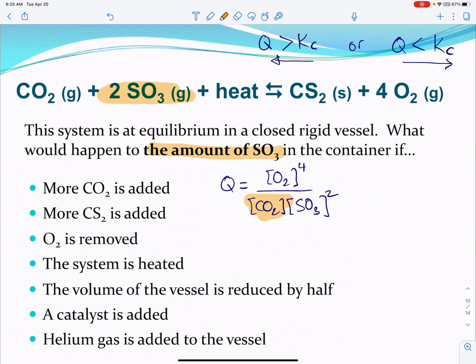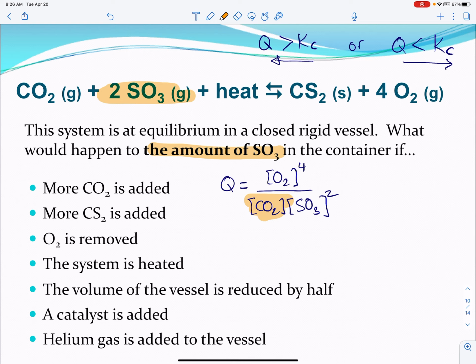So let me go through that one more time. You can make sure you've got each of these things written down, perhaps in point form. So we added some CO2. The first thing I would say is that causes the CO2's concentration to increase. Next, I would say that will cause Q to decrease because we're dividing by a larger number. I would next say that Kc, the equilibrium constant, did not change because we didn't change the temperature.